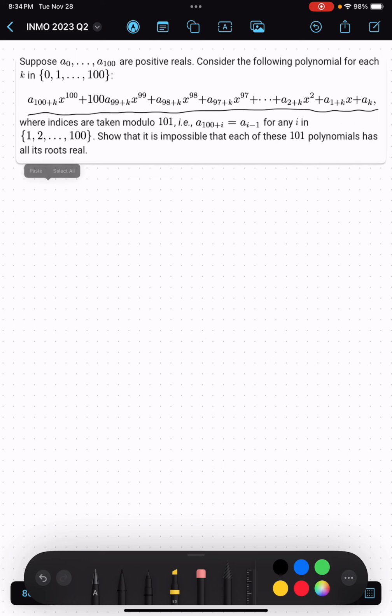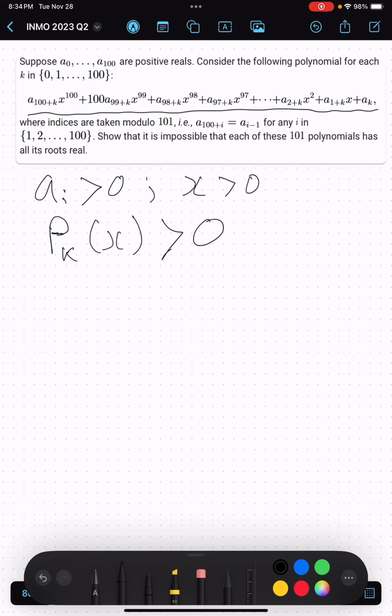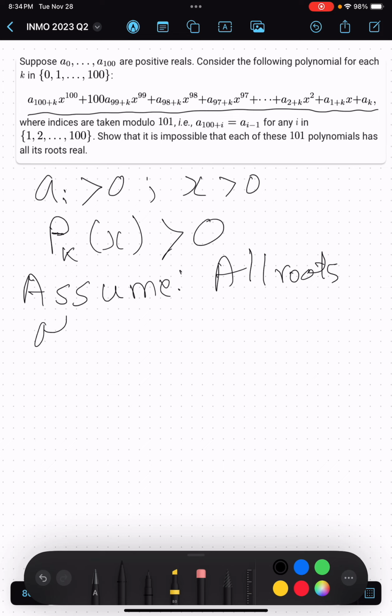Since the a_i are greater than 0, for x greater than 0, p_k(x) will definitely be greater than 0. So let's assume that all roots of all p_k(x) are real.